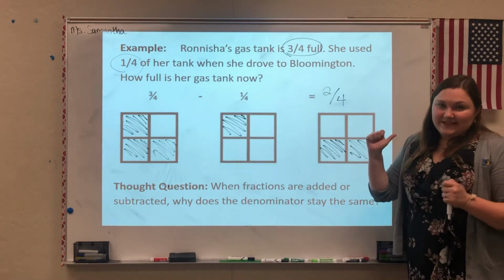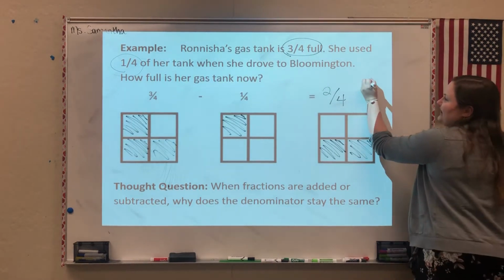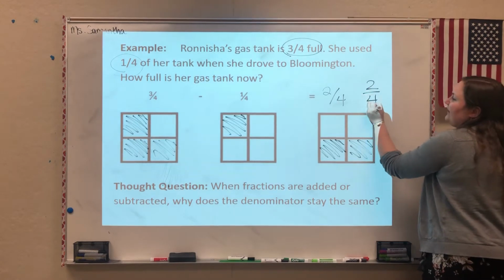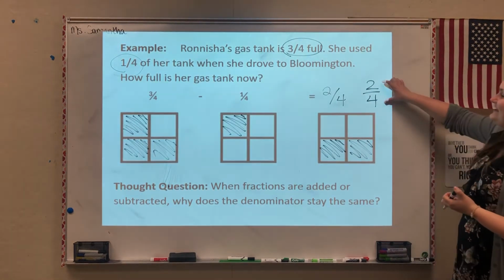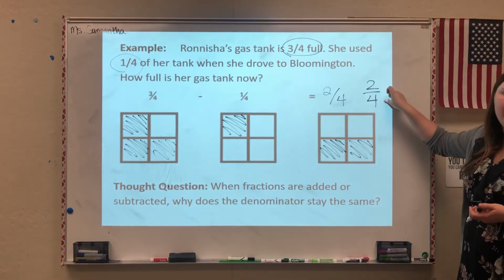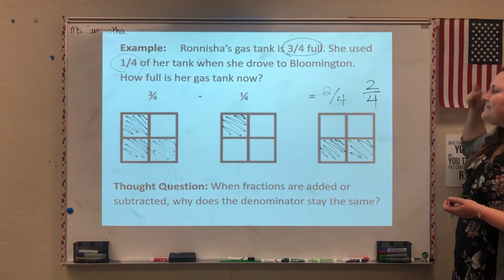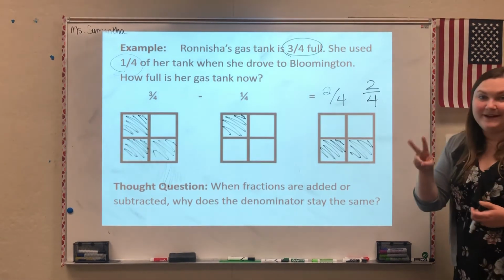Remember in our lesson yesterday, we learned how you simplify fractions? If I have a fraction like 2/4, I want to check to see if I can simplify it by checking to see, is there a common number you can divide both 2 and 4 by? So as I'm thinking of numbers I can divide, I notice I can divide both of those numbers by 2.